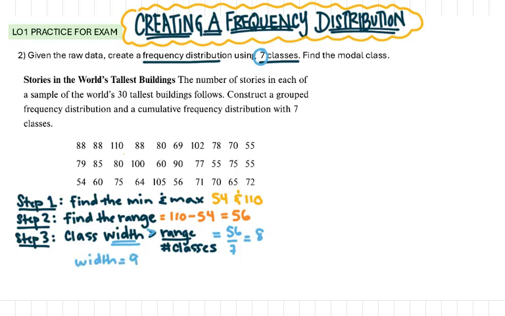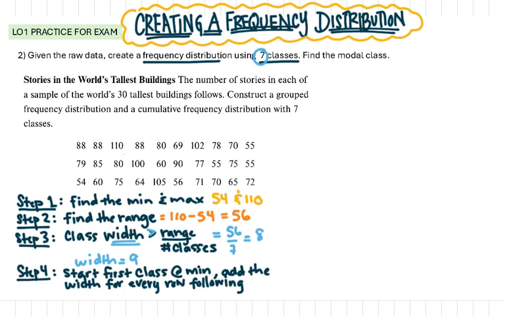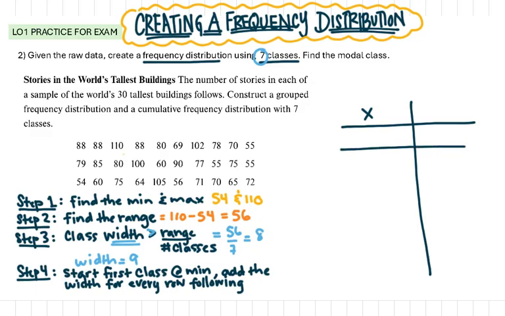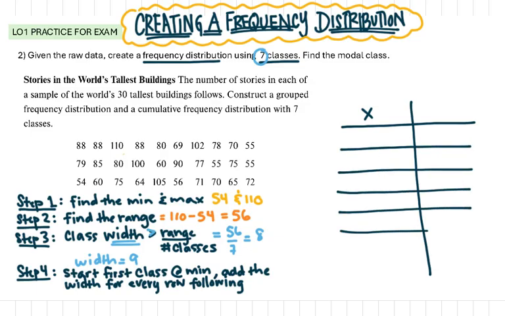So now that we know the width, we can actually start to make our frequency distribution with 7 classes. So 1, 2, 3, 4, 5, 6, 7. And you're going to start the first class at the minimum value. So we're going to start it at, the minimum was 54.